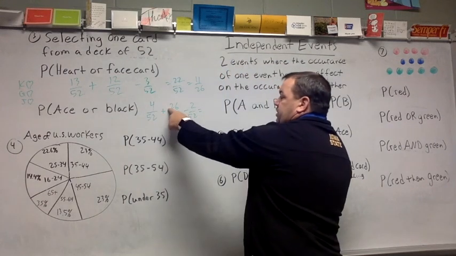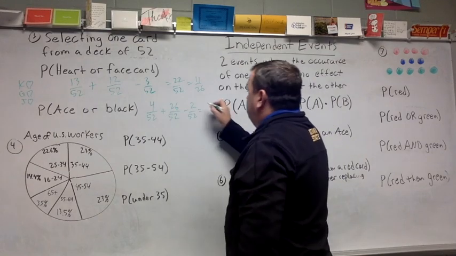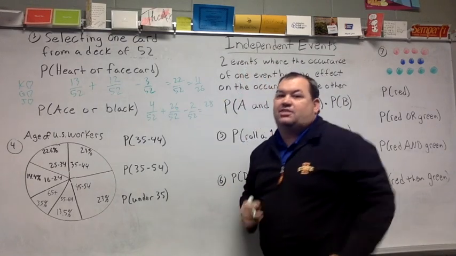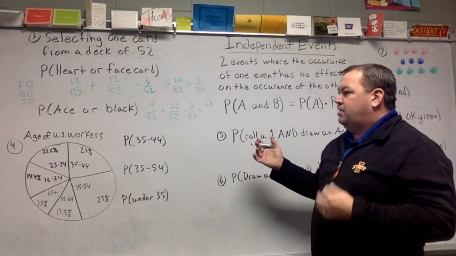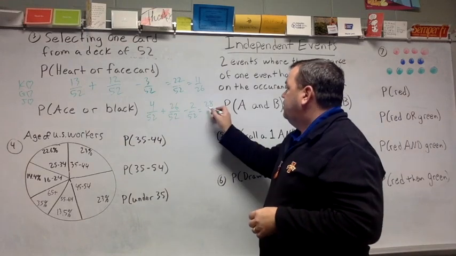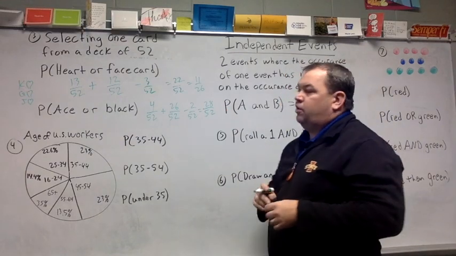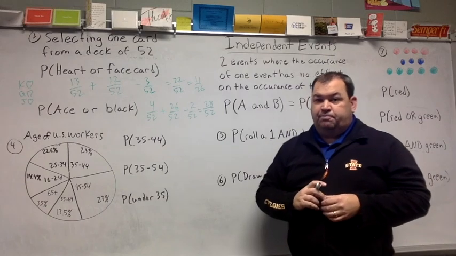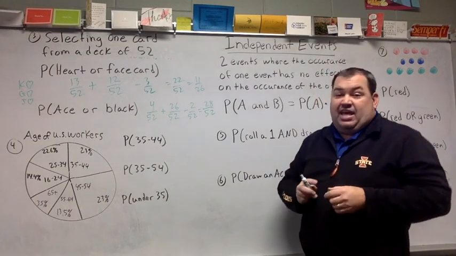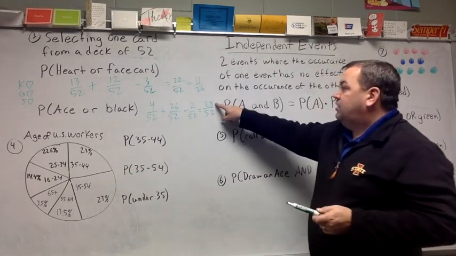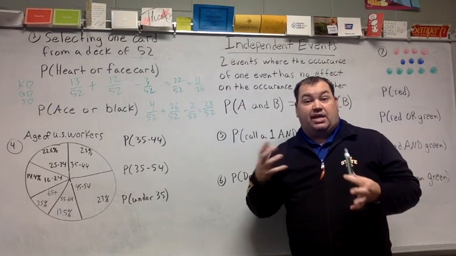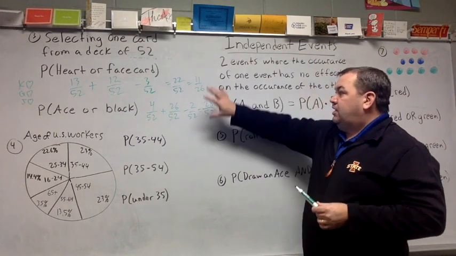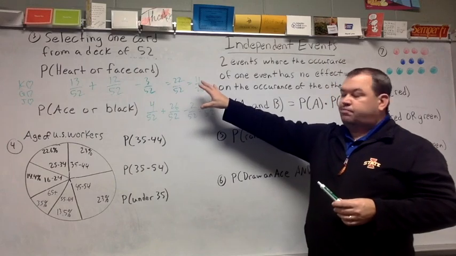So 4 plus 26 is 30, minus 2, there's 28 successes in this case, positive outcomes, favorable outcomes. There are 52 cards that I'm drawing from. If you want to think of it in terms of a game, I would win 28 ways out of the 52 possibilities that I get out of that deck. So again, not mutually exclusive.